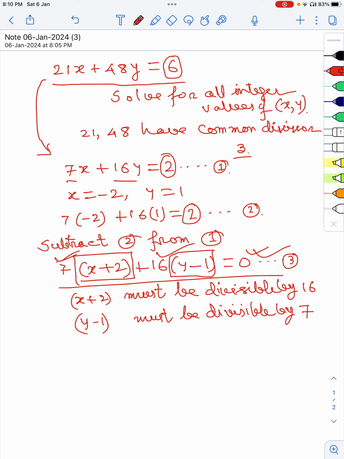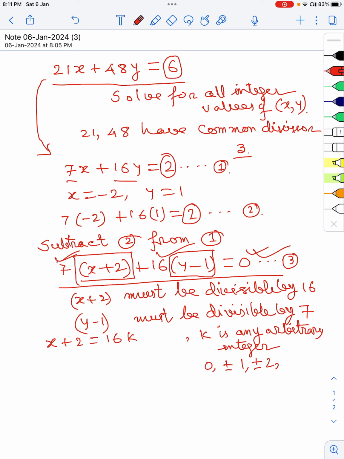We will suppose x plus 2 equal to 16k, where k is any arbitrary integer, like 0, plus minus 1, plus minus 2, plus minus 3.